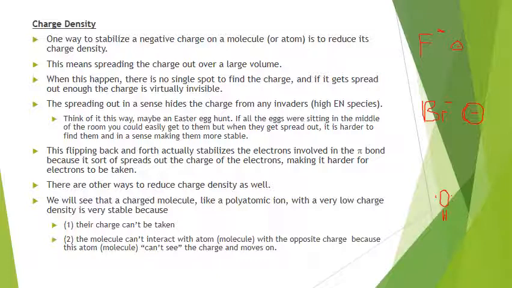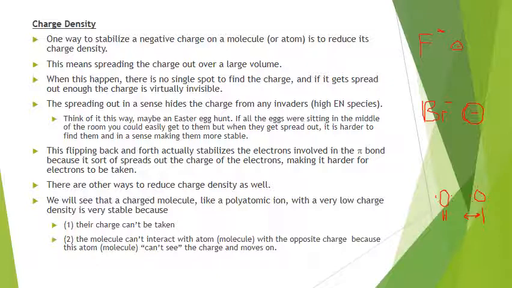If we go back and look at oxygen, when it flips, it goes from 2 bonds, a double bond and 2 lone pairs, to a single bond and 3 lone pairs.